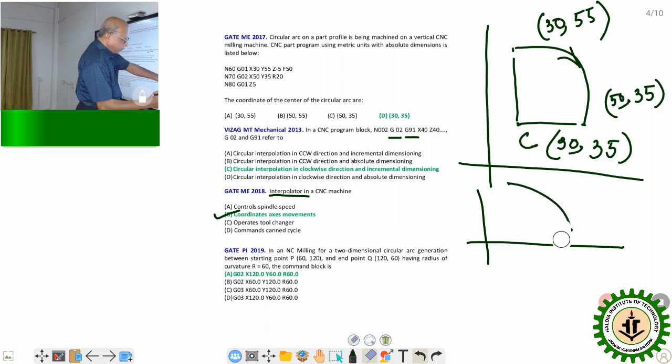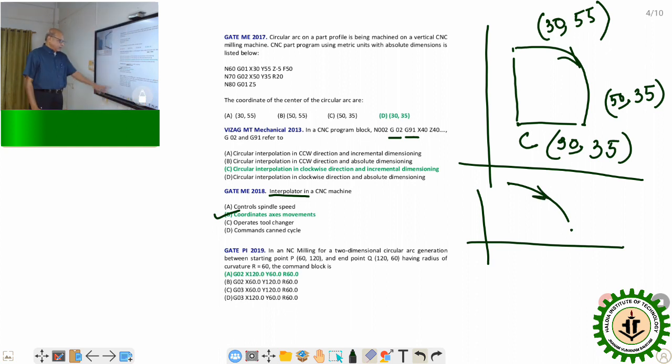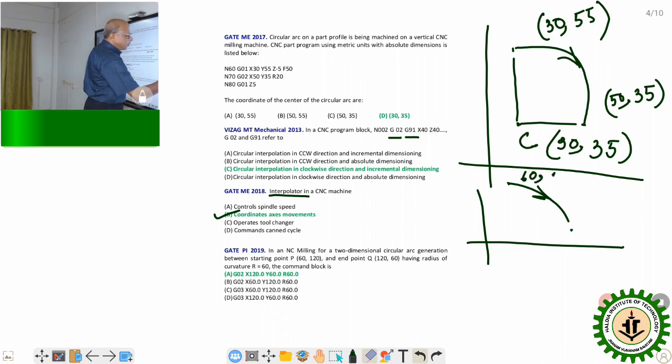It will be clockwise because G02 is given. So this will be 60 120, and this one will be 120 60.